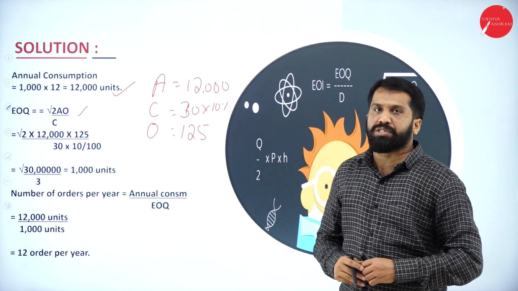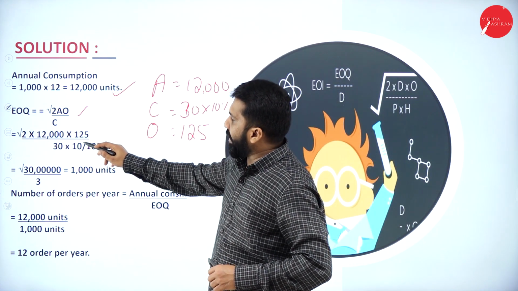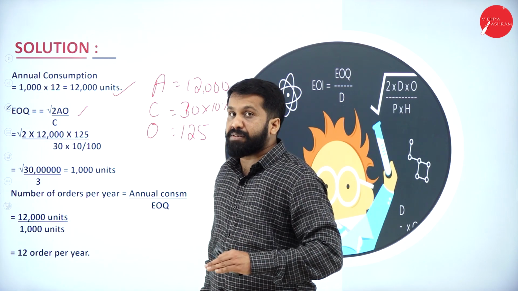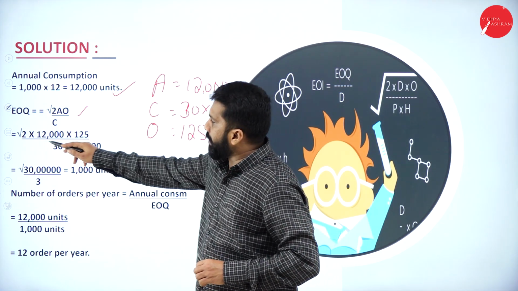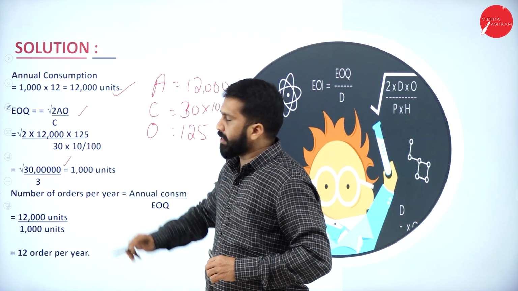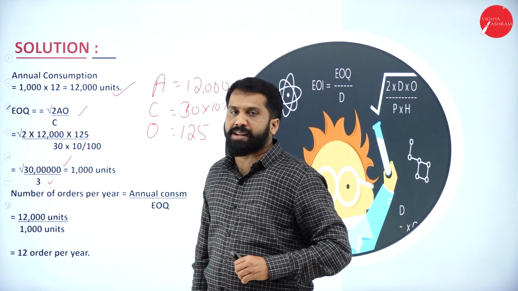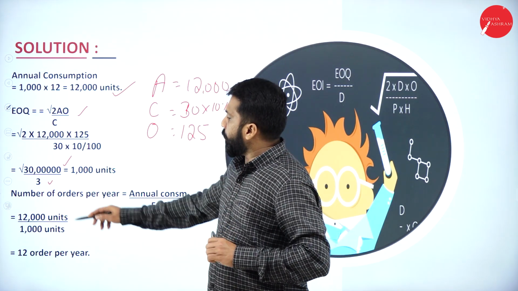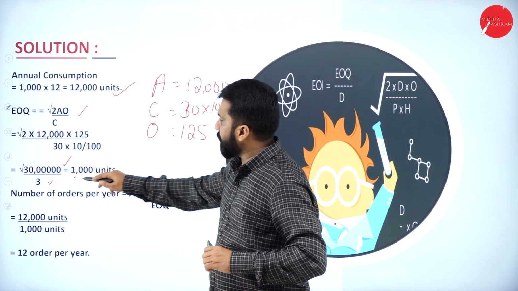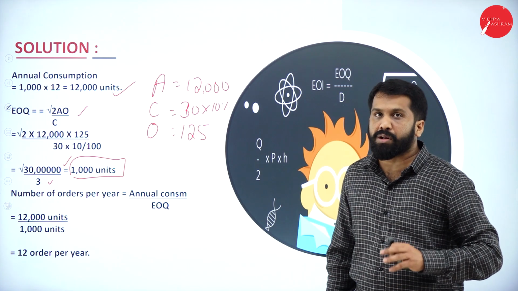These are the informations you have. So 2 into 12,000 into 125 divided by 3 into 10%. If you multiply everything, you will get 3 lakh. 10% of 30 is 3. 3 lakh divided by 3, how much? It is 1 lakh. The square root of 1 lakh, how much do you get? 1000 units. Any doubt? No doubt.